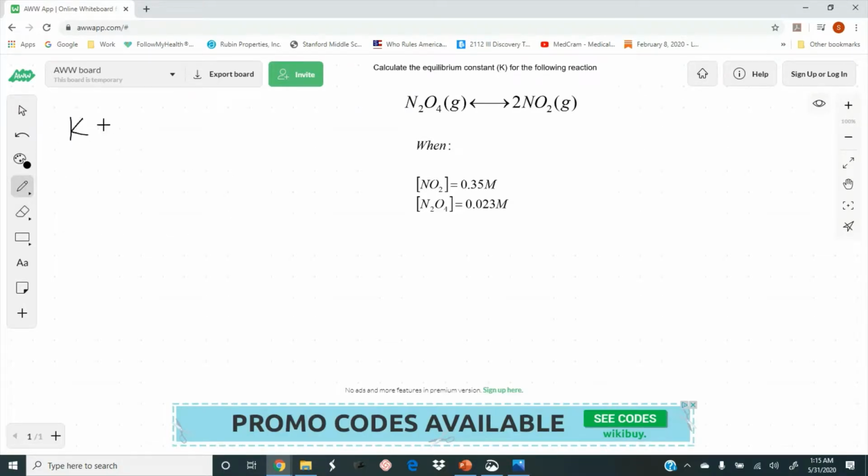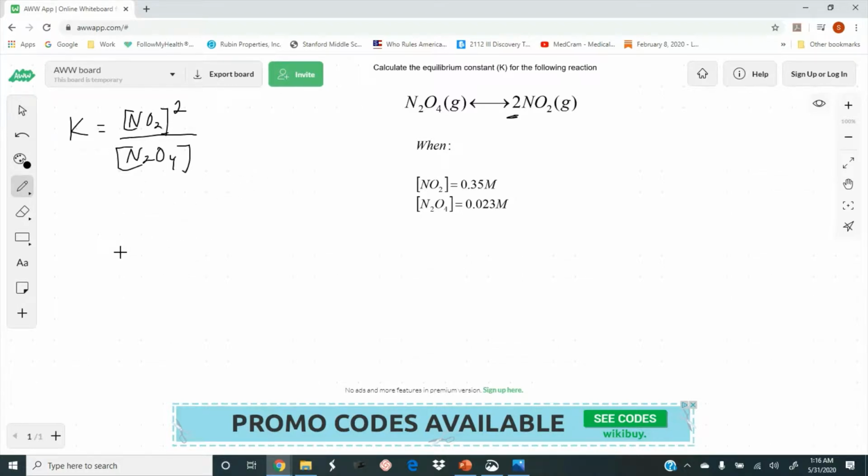K equals the products, concentration of NO2. Right, concentration of NO2 is the product. Square it because of the coefficient. Right. And then divide by N2O4. So there is my equilibrium expression, also known as the law of mass action.